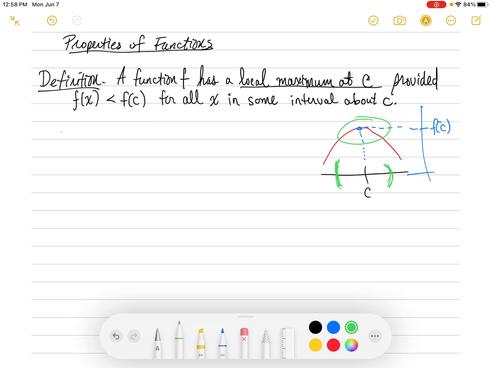Now basically, a local max occurs at like a hilltop or a mountaintop.